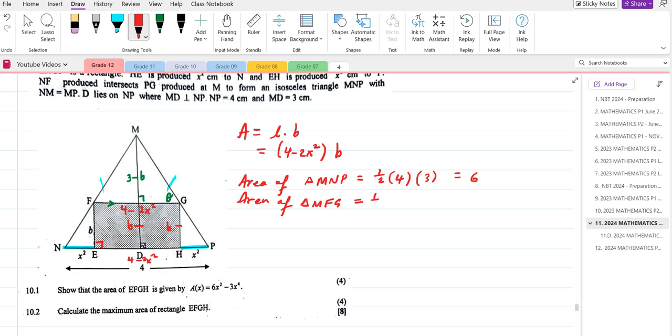That's half, base is 4 minus 2x squared, and the height is 3 minus B. Okay, so the area of the rectangle can be calculated as follows. You can take the area of the full triangle minus this one area here and the second area here and the third area there.